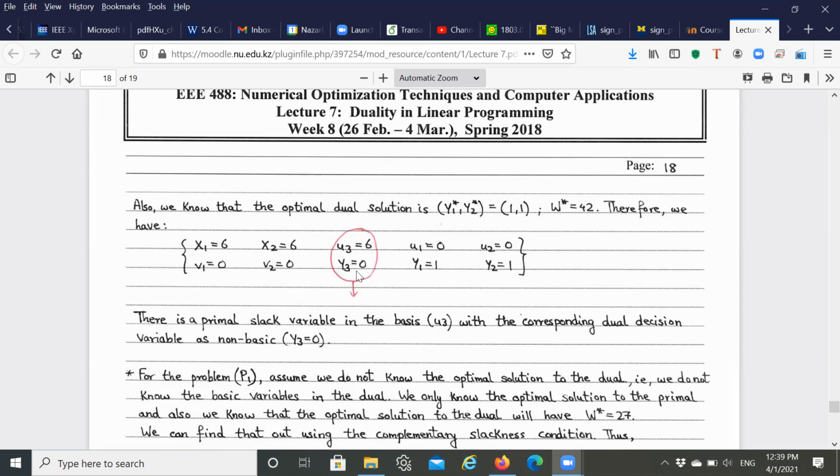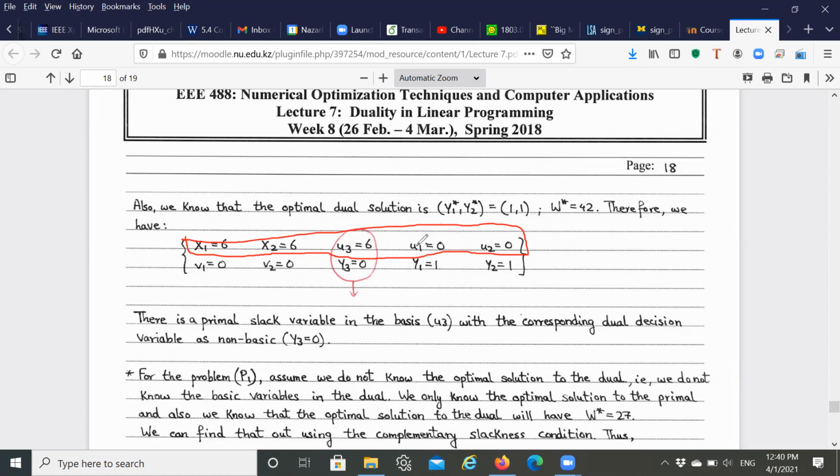So this is the kind of information that, for example, if I had only solved this first one, and I ask you to find the solution of the dual, the values for the slack variables and the decision variables in the dual, you can use this complementary slackness condition to find this. X1, X2 were basic, so their corresponding dual slack would be 0.